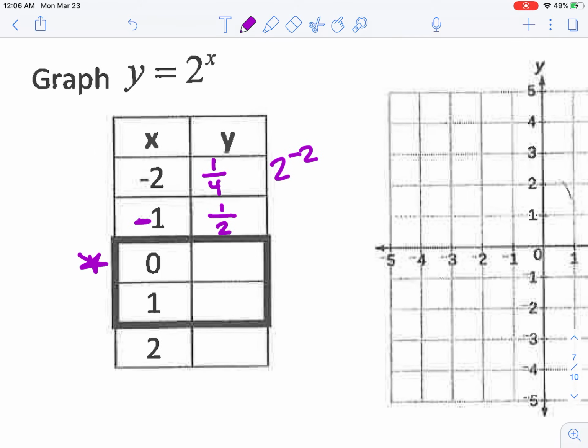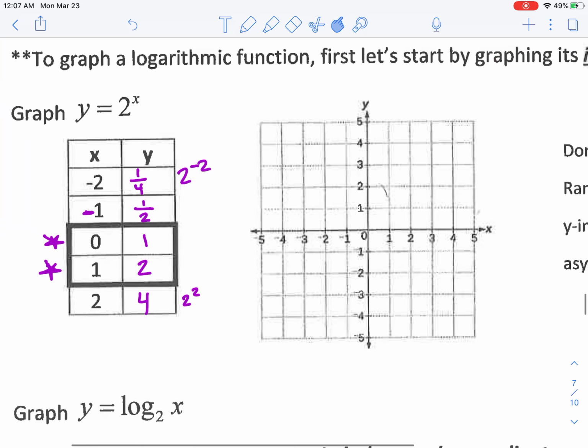This one's a rule. Anything to the power of 0 is 1. This one's also a rule. Anything to the first power is itself. And then 2 squared is 4. So we go through, we get this really pretty function.